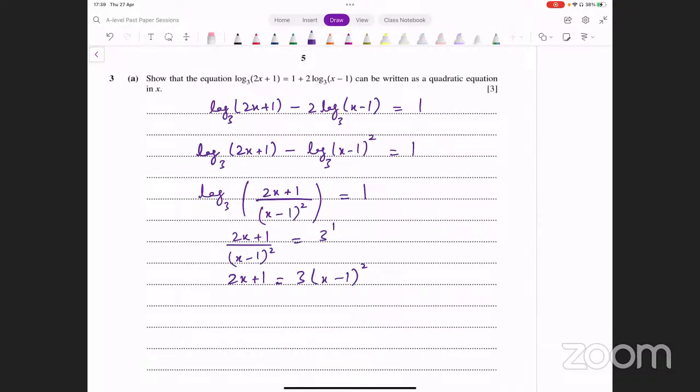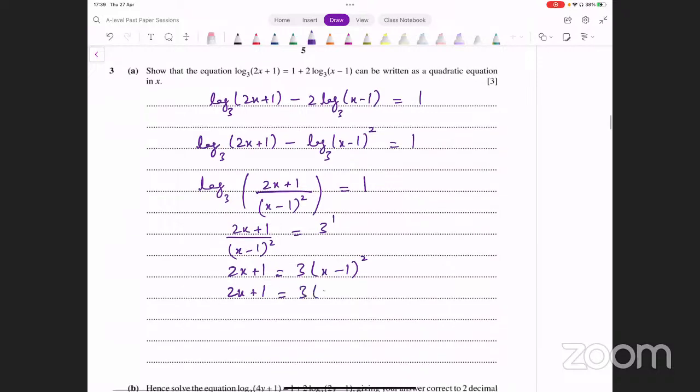It's better to simplify this further and write it in this form: ax squared plus bx plus c equals 0. इसको simplify कर लेते हैं, देखते हैं हमारे पास क्या आता है. We get 2x plus 1 equals 3 into (x squared minus 2x plus 1). Let's simplify that side as well. That gives us 3x squared minus 6x plus 3.